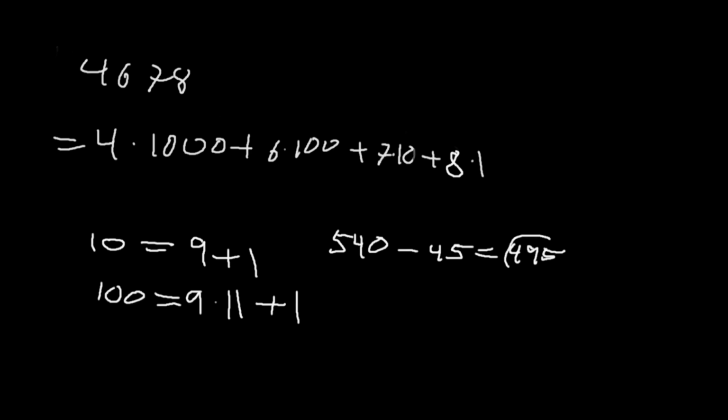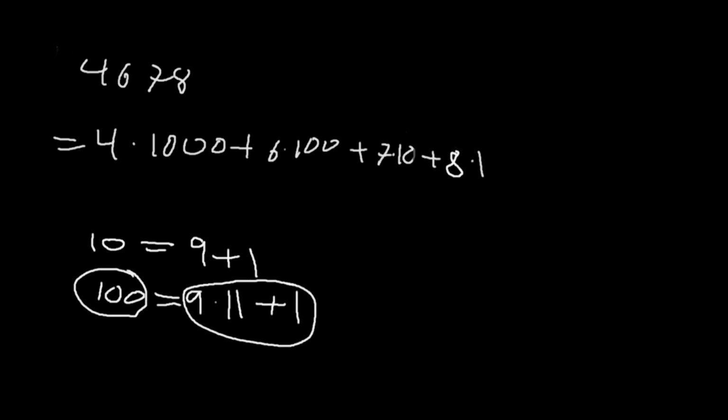By using the divisibility rule, we can conclude that 495 is in fact divisible by 3, since 4 plus 9 is equal to 13, and 13 plus 5 is 18. 18 is divisible by 3. Same thing for 540, it gives 9, and 9 is divisible by 3. This is very important, as now we can show that this and this have the same remainder.